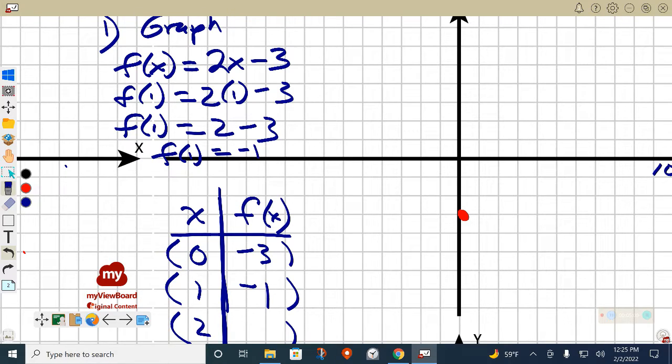This is not hard, you guys, come on. You can do what I'm doing. I pick x values, plug those into the function, and see what the function spits out. There's my ordered pair. Let me plot 1, negative 1. Boom. Do that with me on your own graph.